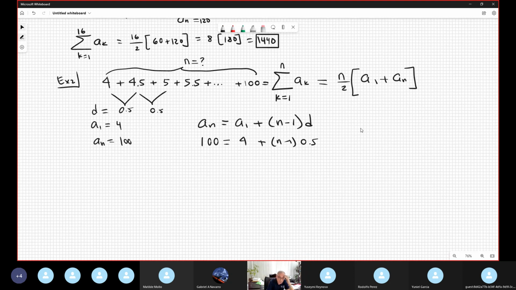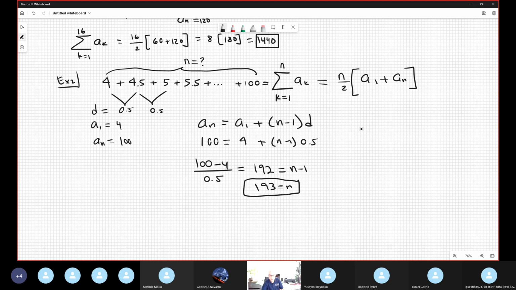So now I move for subtraction, 100 minus 4 divided by 0.5. Dividing by 0.5 is the same as multiplying by 2. 100 minus 4 is 96, divided by 0.5 is 192. And this is equal to n minus 1. Therefore, n is 193.